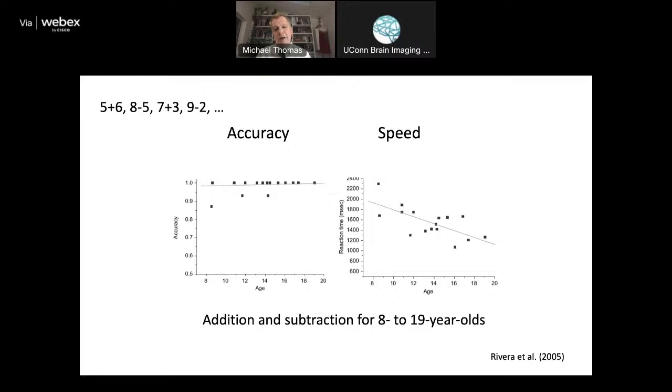And if you look at over age, kids get more accurate at that. So they reach ceiling pretty quickly. If you look at their speed, they then continue to get faster through the teenage years of doing that. This is work by Rivera et al.